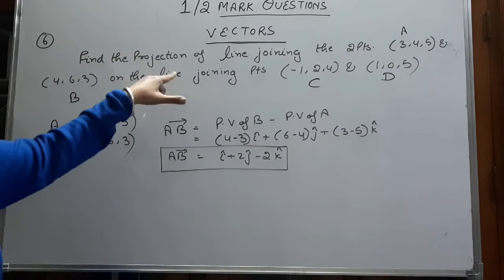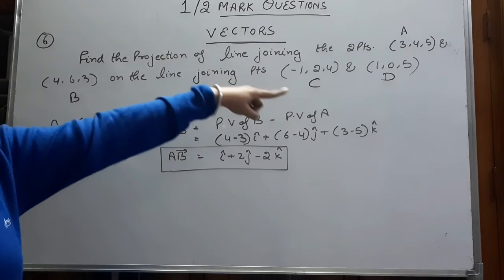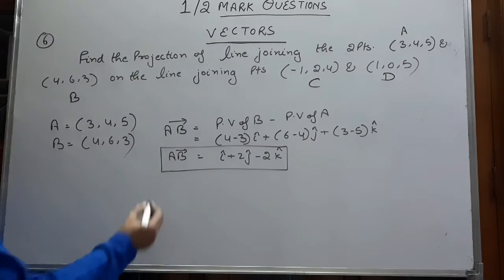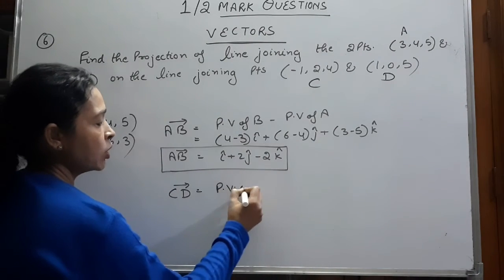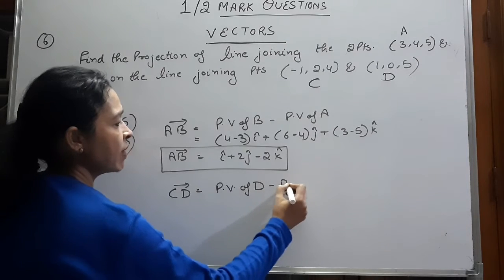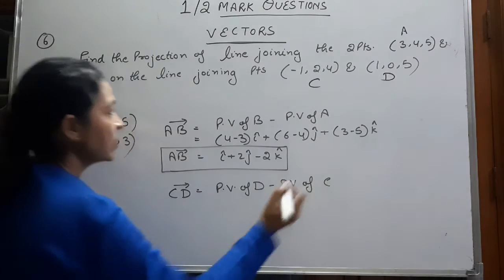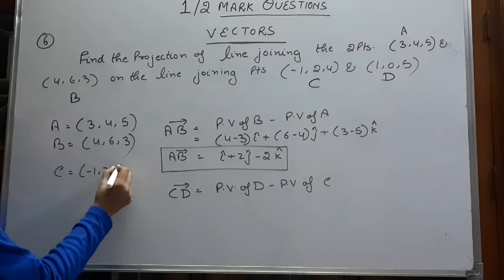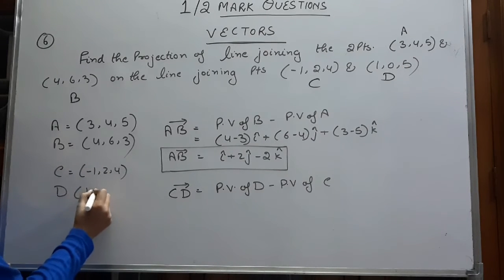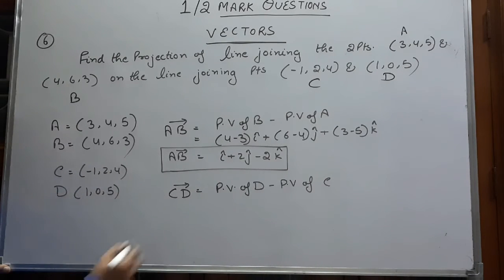We have to find the projection of this vector AB on the line joining CD. And what will be vector CD? CD will be the position vector of D minus the position vector of C. Point C is minus 1, 2 and 4 and point D is 1, 0 and 5.